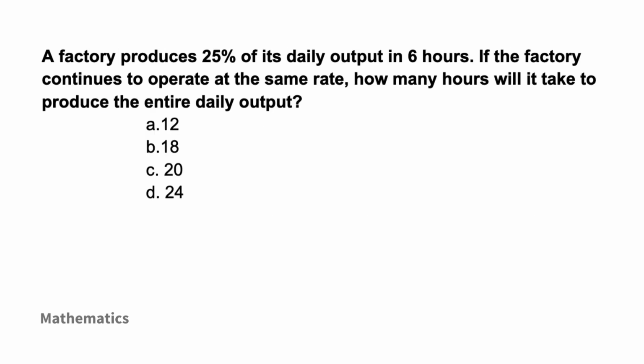Let's move on. The next problem reads, a factory produces 25% of its daily output in 6 hours. If the factory continues to operate at the same rate, how many hours will it take to produce the entire daily output? Pause the video, try and work this problem, come back when you're ready.